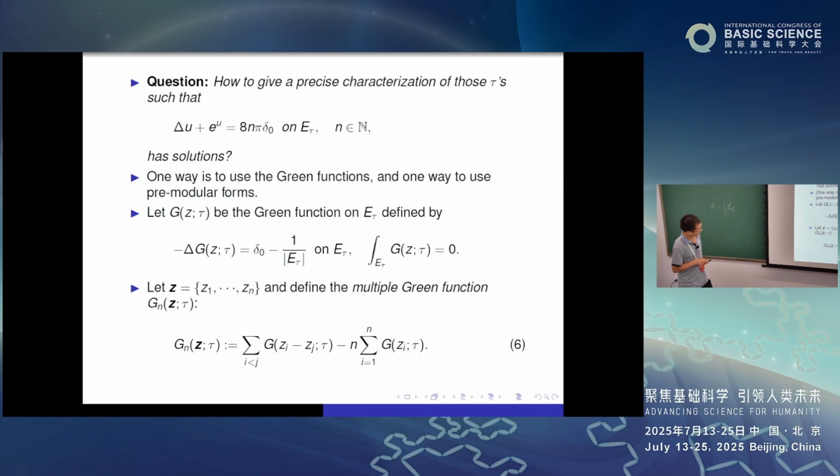Let's consider the Green function on the flat torus. It is defined by this equation. So this Green function means the singularity is fixed at the origin. Then this Green function is an even function. So we define G_n with n variables defined by this Green function G.